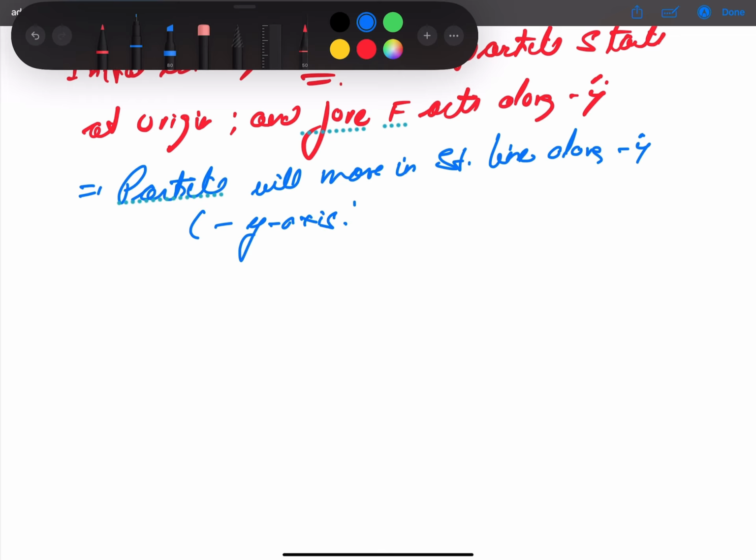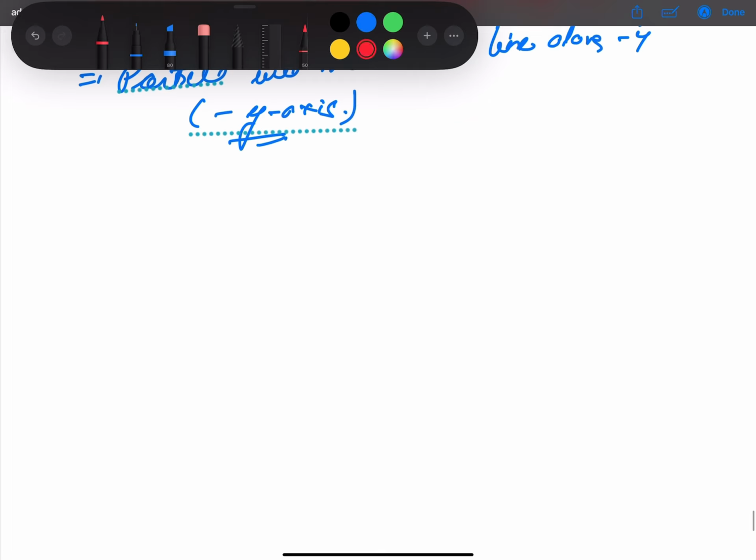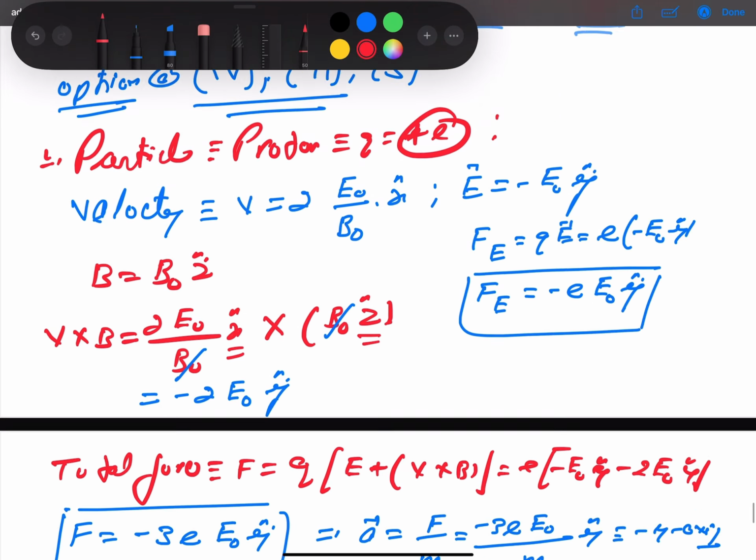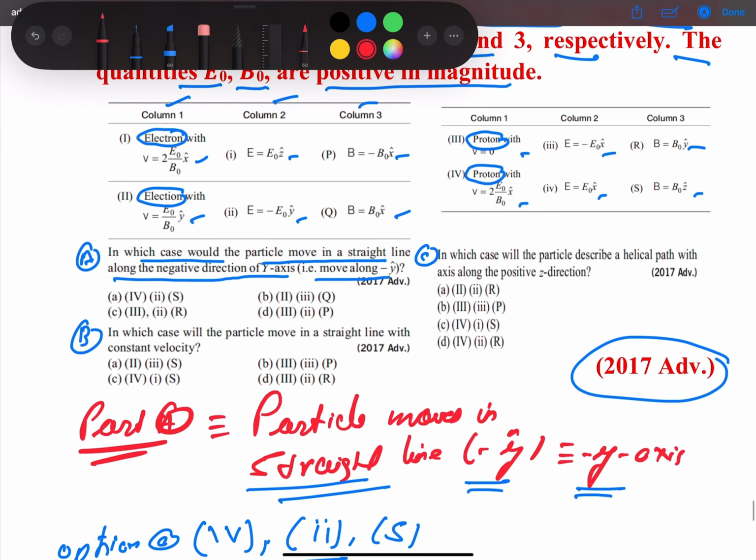So therefore this option is correct. So it means option number C is our correct option.